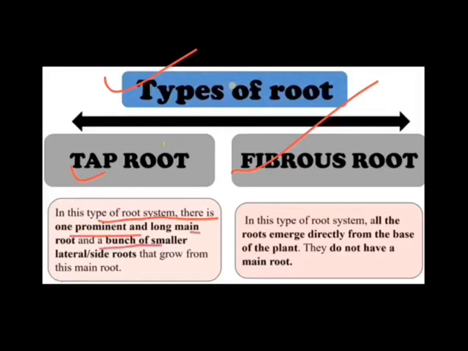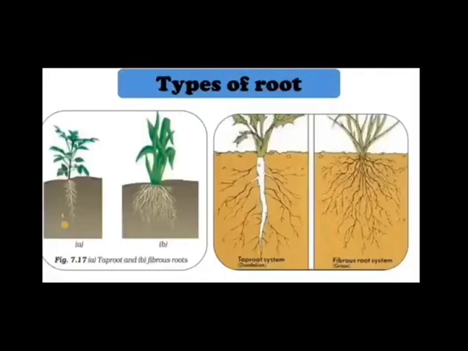Can you see the long main prominent root and the lateral roots coming out of this? These types of roots are known as taproots. This is also a taproot. Here you can see the main prominent part of the root, and these are the lateral roots or the side roots.